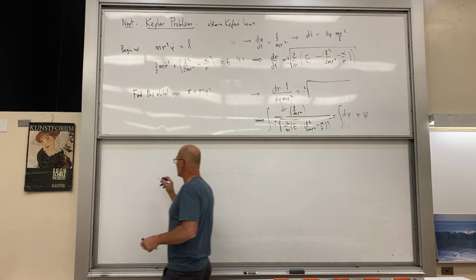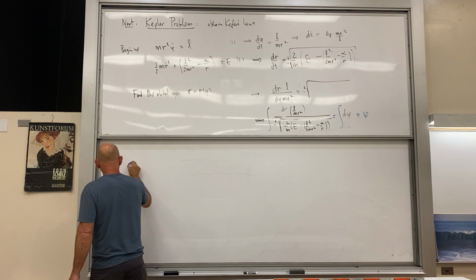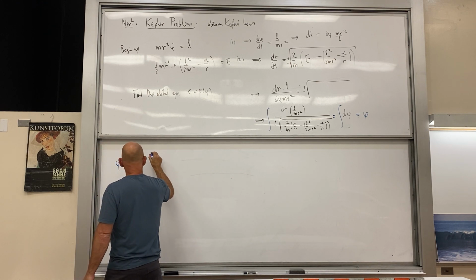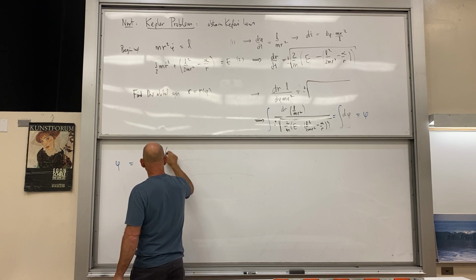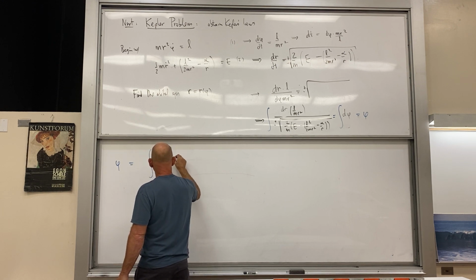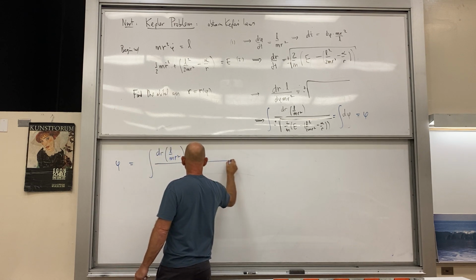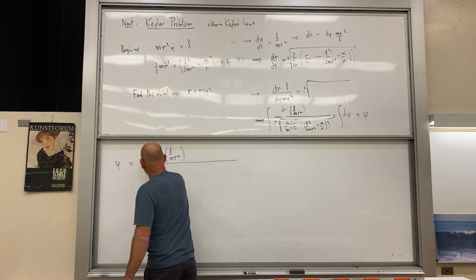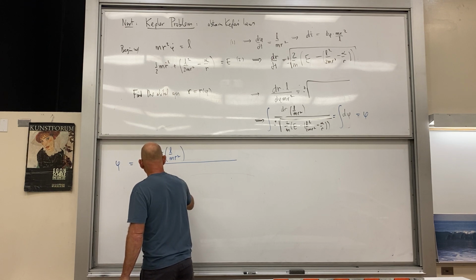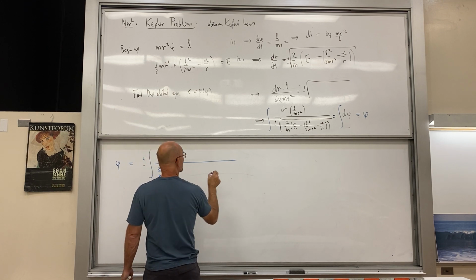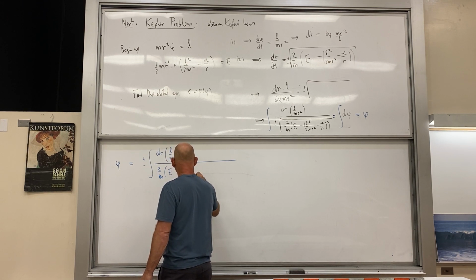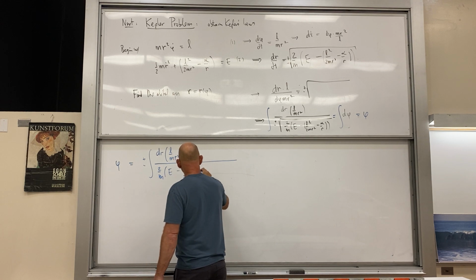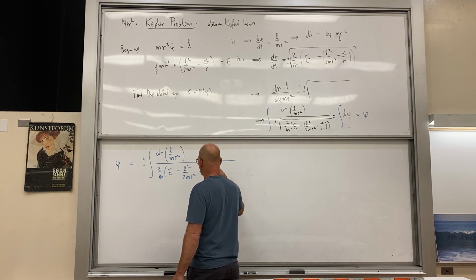So what we have is phi is equal to the integral dr L over mr squared, with the plus or minus here, over the square root of 2 over m times E minus L squared over 2mr squared plus alpha over r.